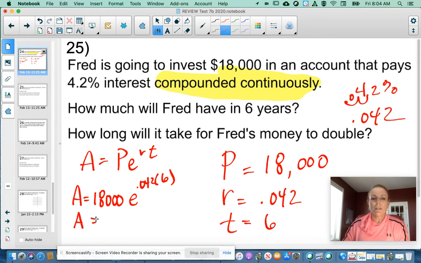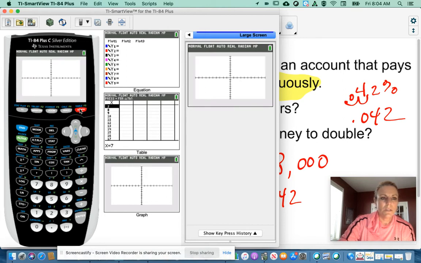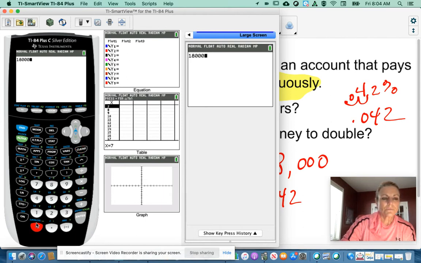And now I'm going to plug that into my calculator. 18,000, second ln gets me my e, 0.042 times 6.